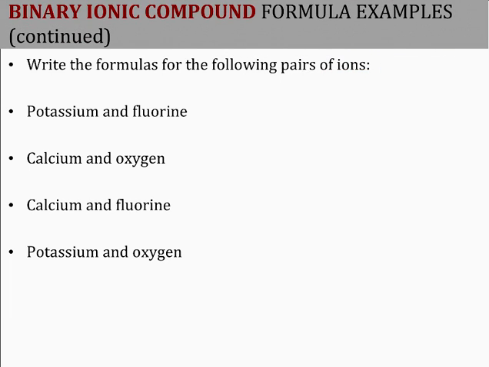Okay, so you might recall that potassium is in group 1A and fluorine is in group 7A. So that means that potassium has 1 valence electron and fluorine has 7 valence electrons, and I'm just drawing those Lewis symbols here.